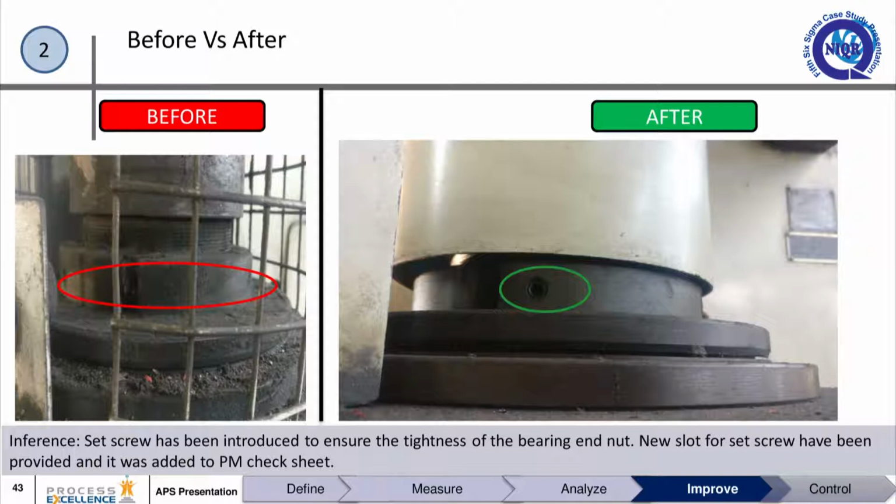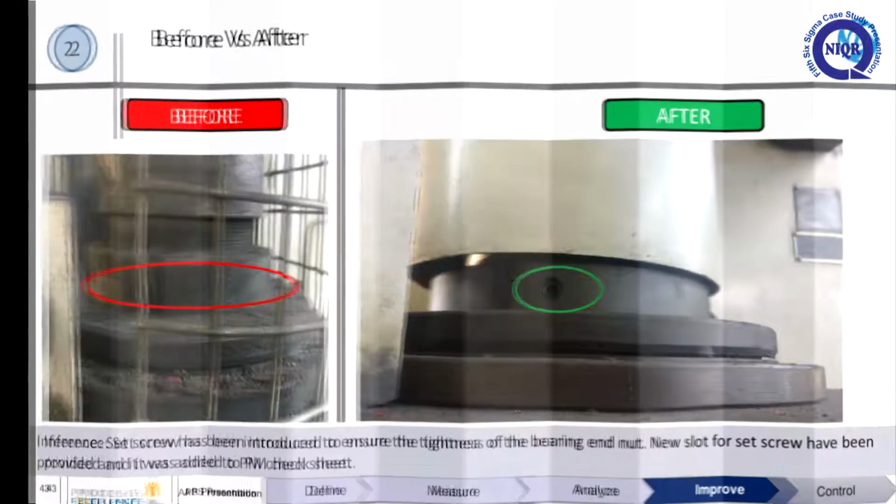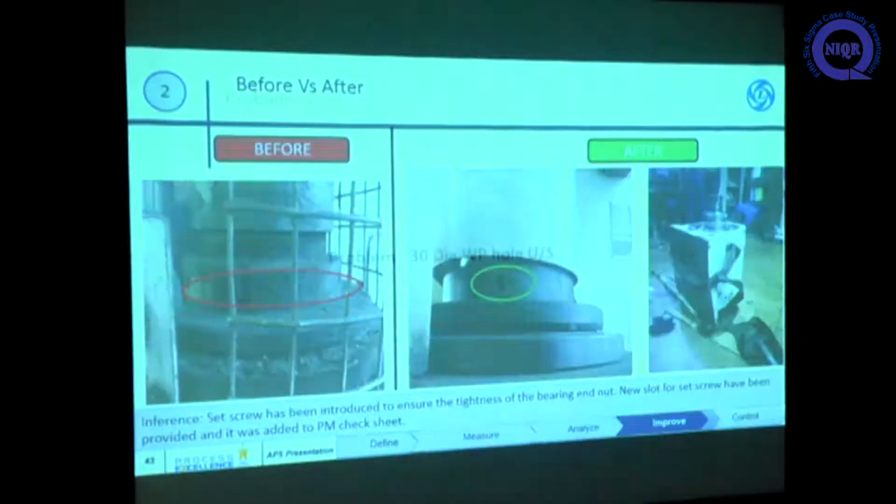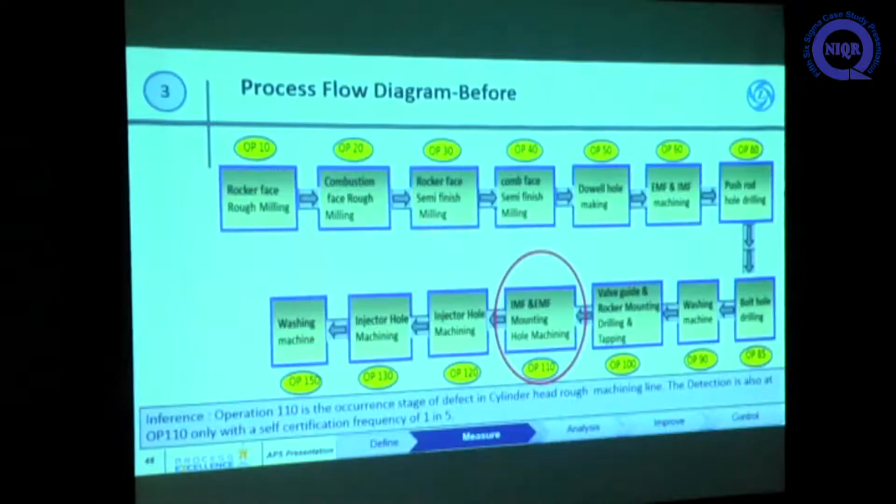Earlier there was no projection and nothing for arresting the spindle play. Then we introduced set screw alignment, and this is what happened while installing. After that, no spindle play was observed, and the issue has been eliminated. So this is how it happened.